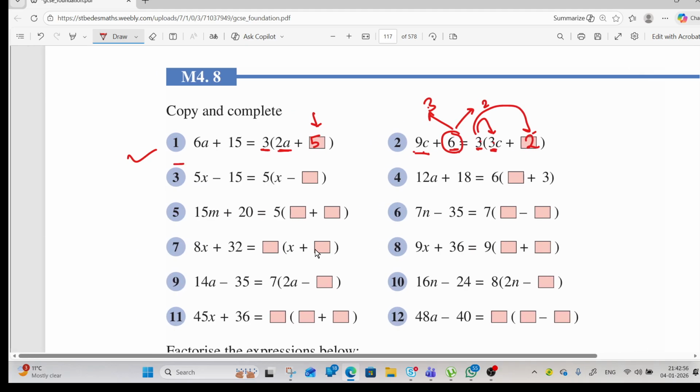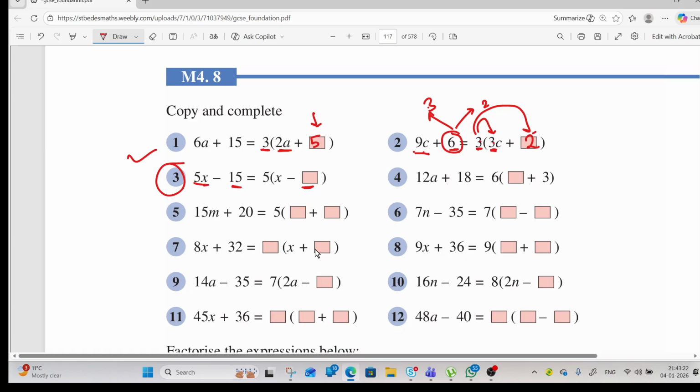Okay, can you try number 3? What should I write here? Do they have a common factor? 5x and 15.